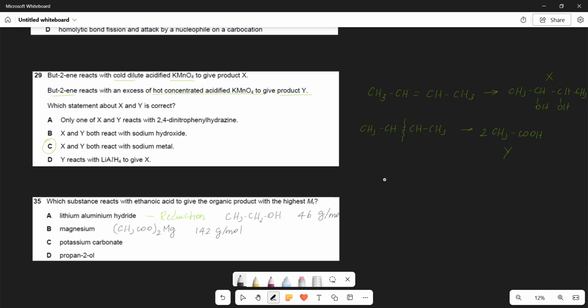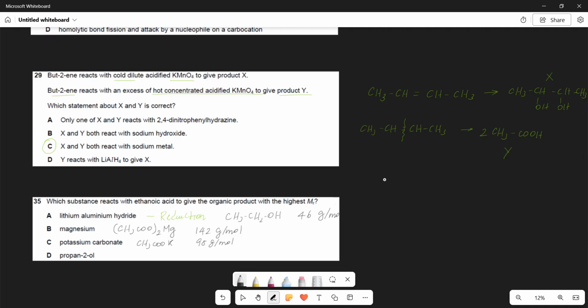Potassium carbonate, you will get CH3COOK. The molecular mass, if I consider, is going to be 24 plus 3 plus 32 plus 39, so 98 grams per mole.